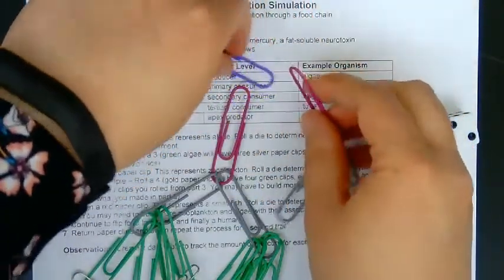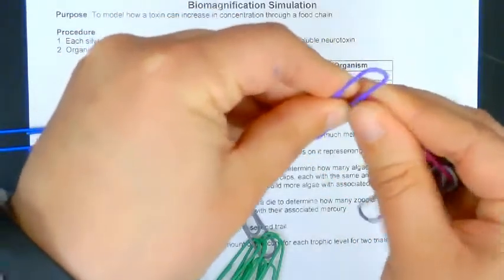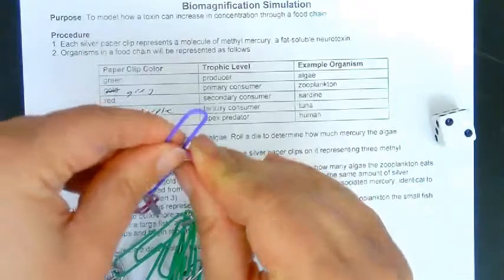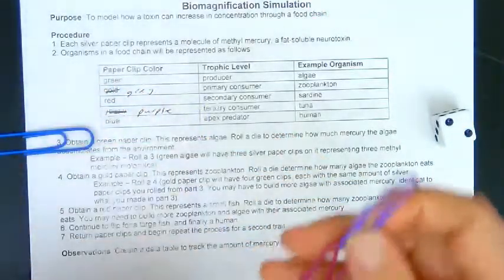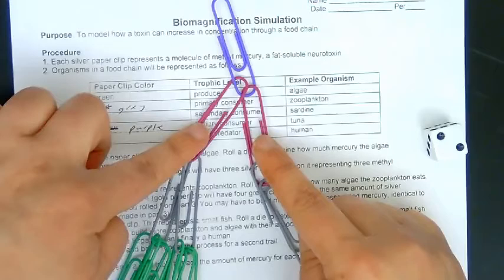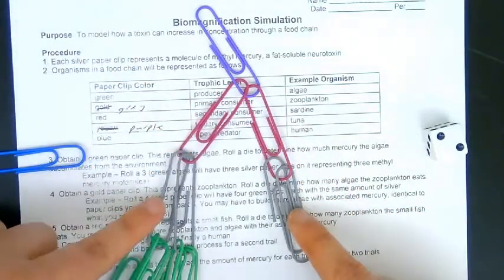And then each of my sardines is eating 2 zooplankton. I'll start linking them. So this is my tuna. It's eaten 2 sardines. Each sardine is eating 2 zooplankton.